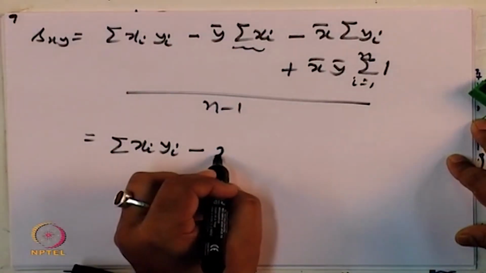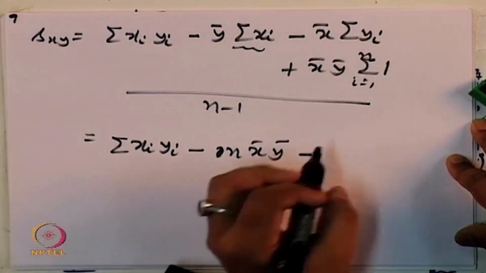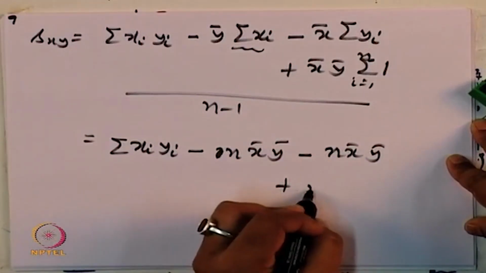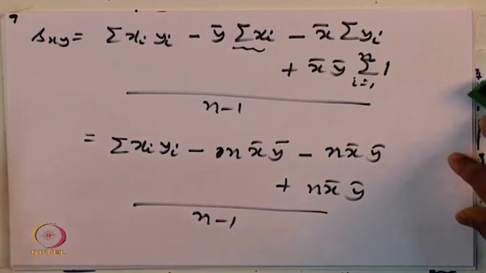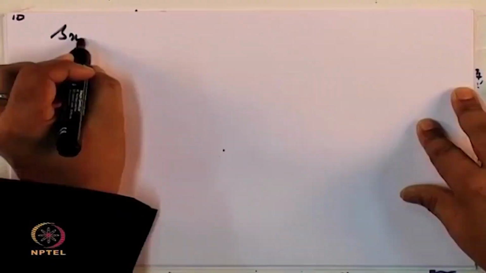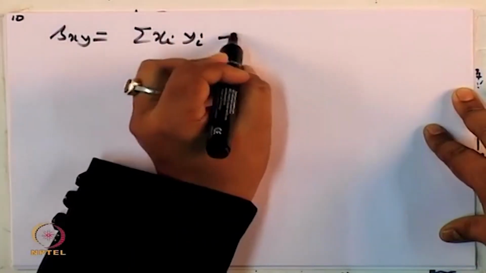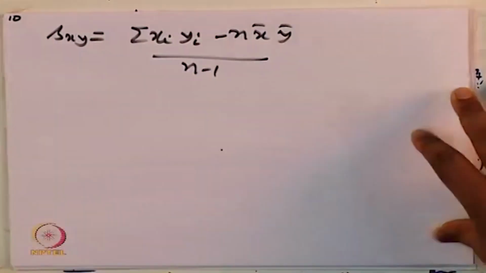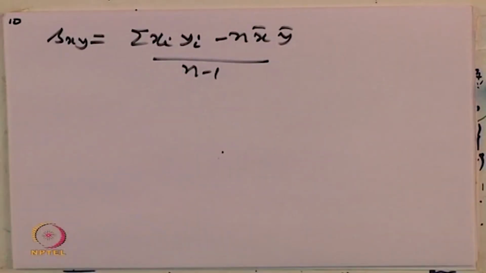So, I can write this as n x bar y bar minus, similarly here, n x bar y bar plus n x bar y bar, by n minus 1. This gives me the formula that Sxy is summation xi yi minus n x bar y bar, by n minus 1. Okay. So, this is the definition of covariance.